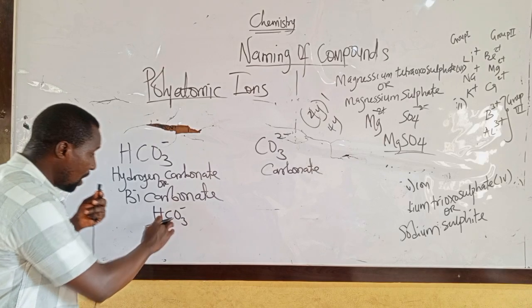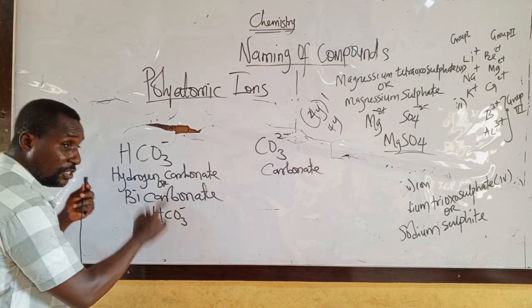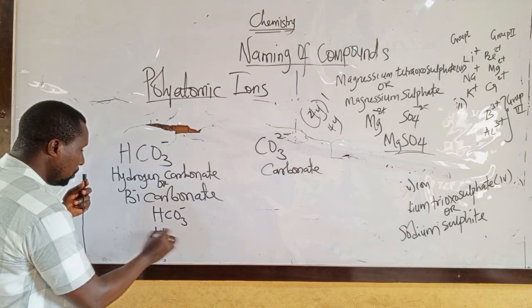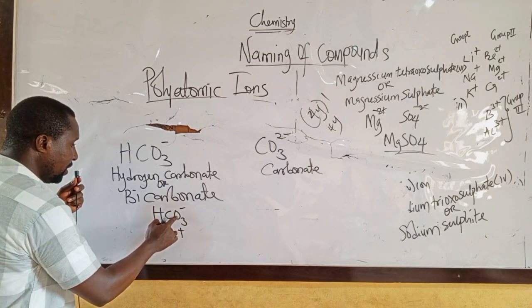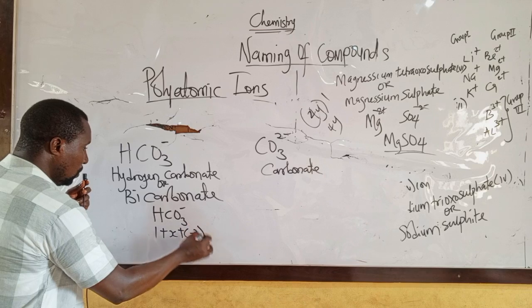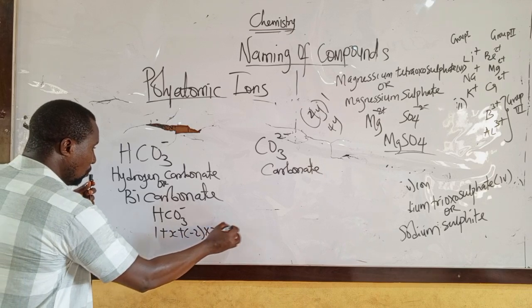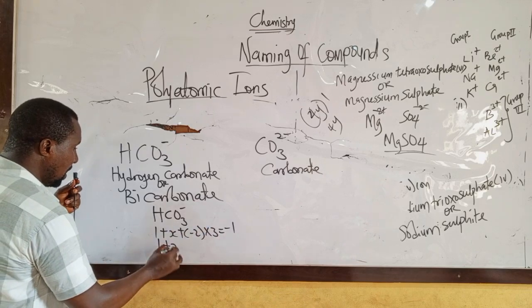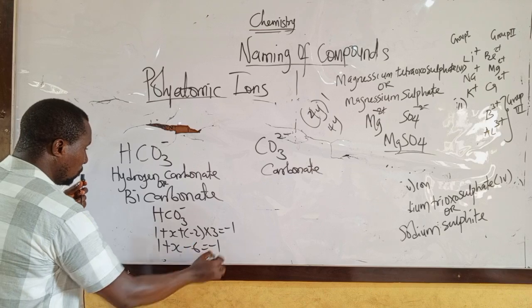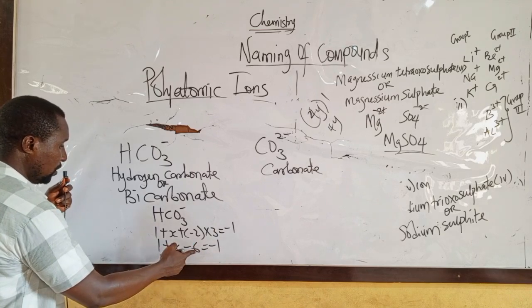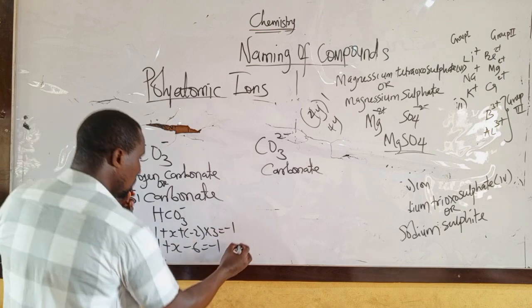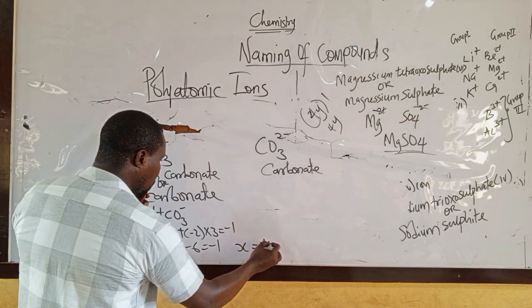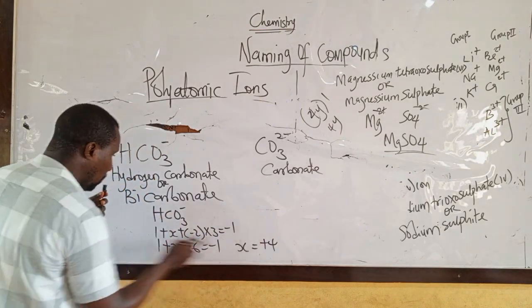You have oxidation number of hydrogen is 1, plus oxidation number of carbon X, plus oxidation number of oxygen, minus 2 times 3, everything equal to minus 1. You have 1 plus X minus 6 equal to minus 1. 1 minus 6 will give you minus 5. Then this one go there, you have X equal to plus 4. The oxidation number of carbon is plus 4.